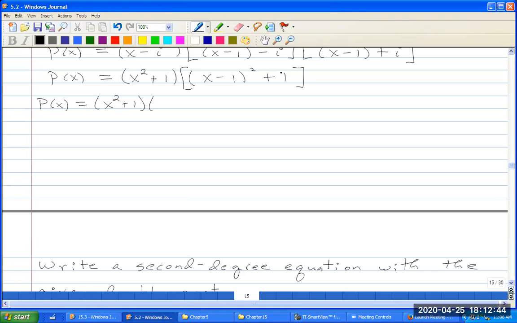By the special product formula, this is just x squared minus 2x plus 1 plus my other 1. And so P of x is equal to x squared plus 1, x squared minus 2x plus 2.